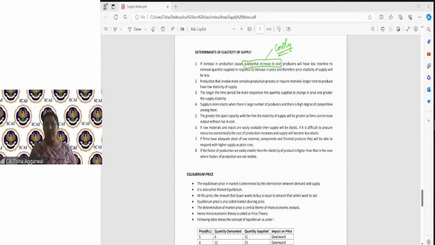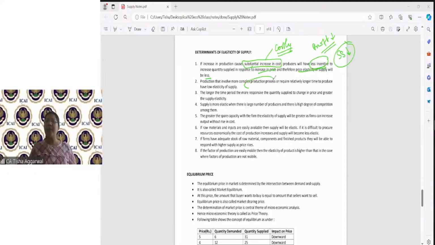So if the product is becoming very costly, the producer will have less incentive to increase the quantity. They will say, why should I increase the quantity? Because maybe my profit is not going to go high. So if the profit is less, the supply will also go less. So in response to the increase in price, the elasticity of supply will be less.